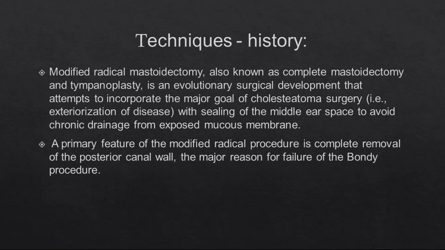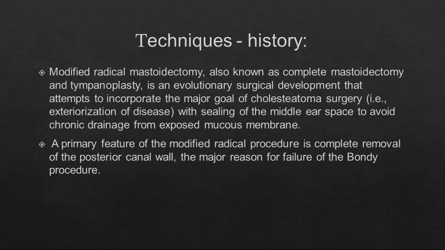So three things are preserved: remnant tympanic membrane, ossicles, and mucosa, whereas all these three are removed in case of radical mastoidectomy. Eustachian tube is closed in radical, but it is kept open in modified radical mastoidectomy. So these are the few differences between a radical and a modified radical. Okay.